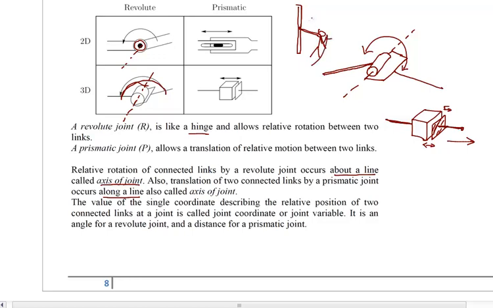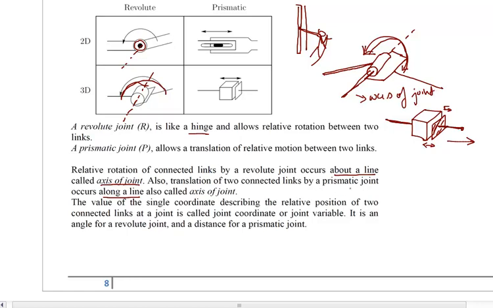We say the boy is moving about the pole. So in a revolute joint you have the axis, and the link is moving about the axis of joint. This is called the axis of joint.